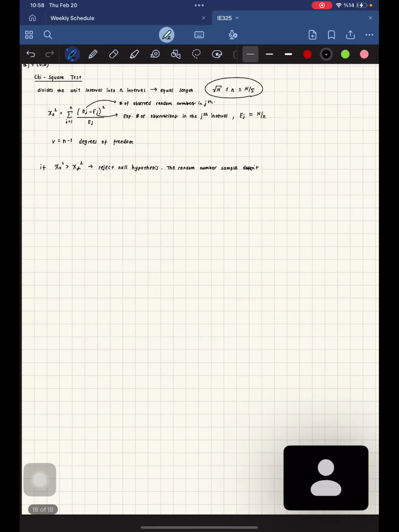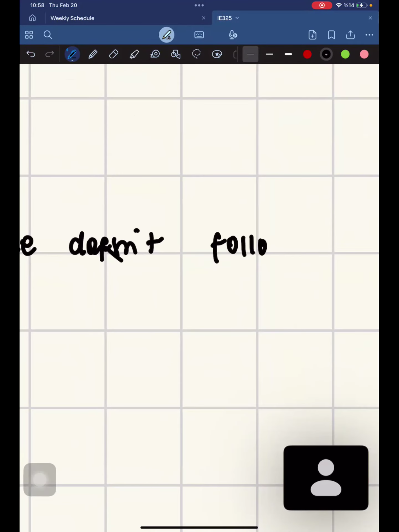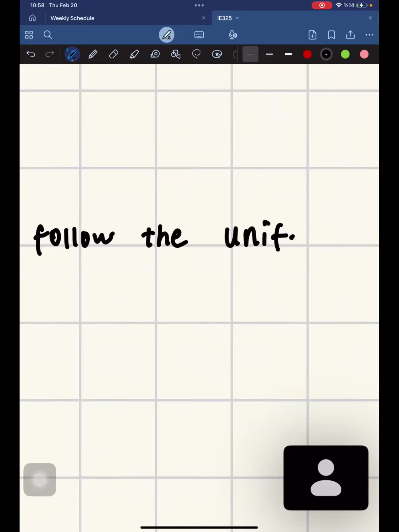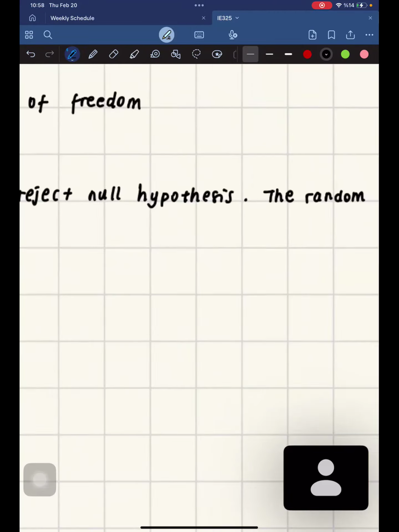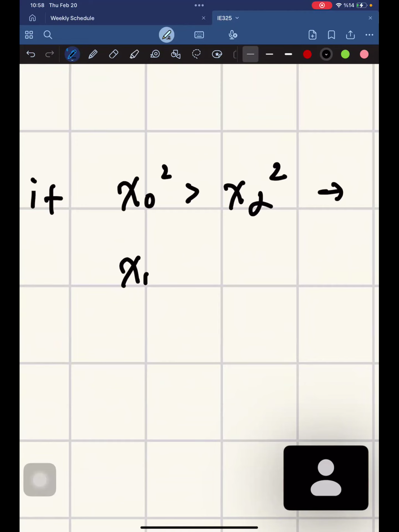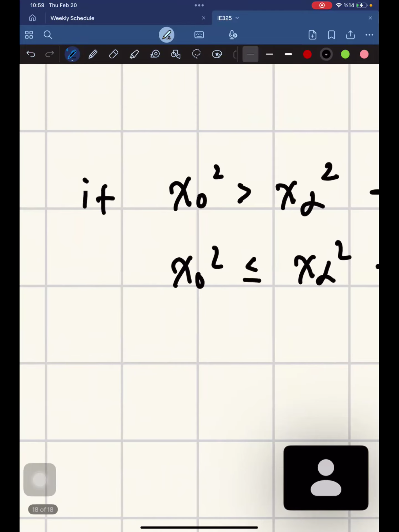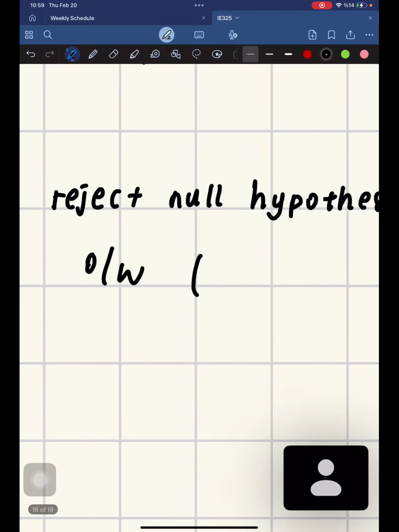Otherwise, we say that there is no evidence to reject the null hypothesis if the test statistic is less than or equal to the critical value. So the random number sample may come from a standard uniform distribution.